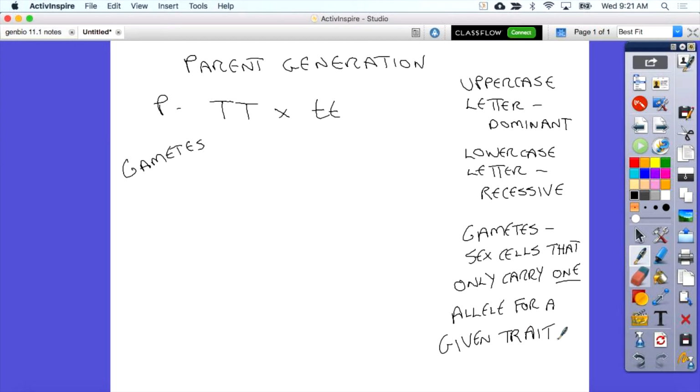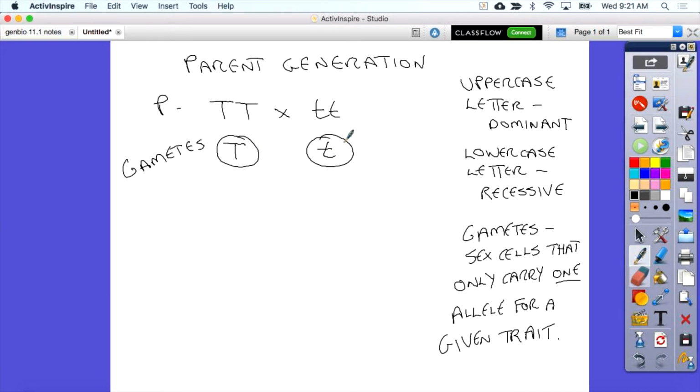So in our example here, we have this parent which only has one type of allele, and so for the gamete, there's only one possibility. And for the short parent, we have the recessive allele, and that's indicated by the lowercase letter.